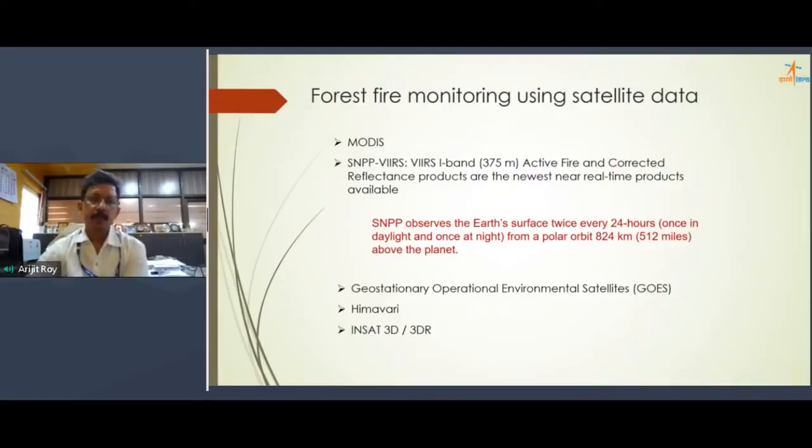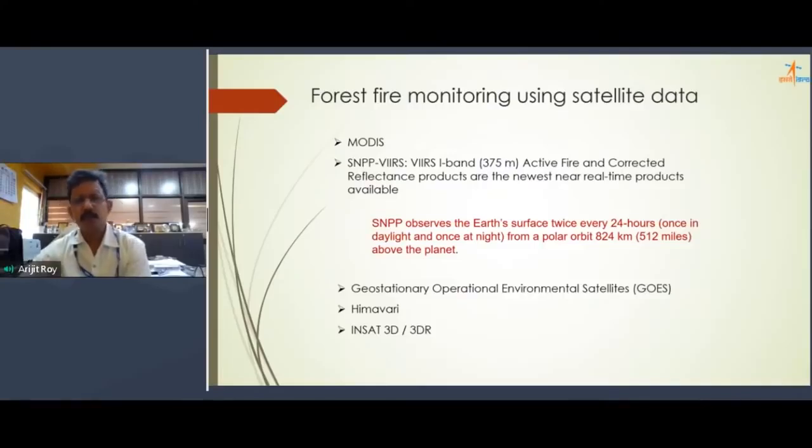When we are using MODIS or SNPP VIIRS, they basically observe the Earth's surface twice every 24 hours, once in daylight and once at night. So MODIS and SNPP VIIRS together provide us basically how many? 4 observations over the Earth's surface every day.